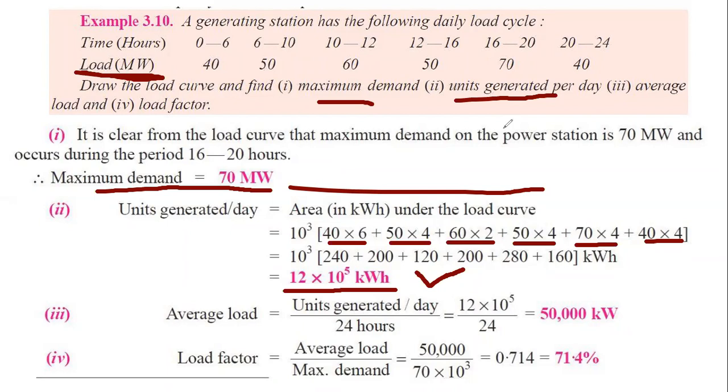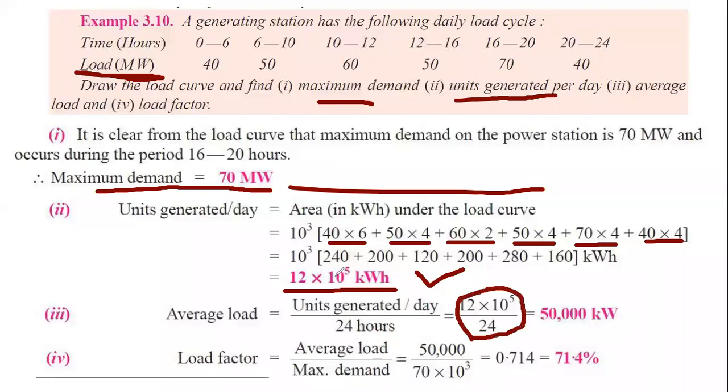So the total units generated per day divided by 24 gives the units generated per hour. That is the average load.